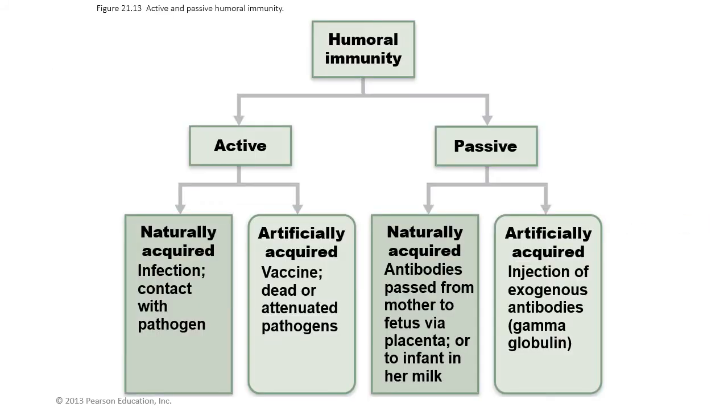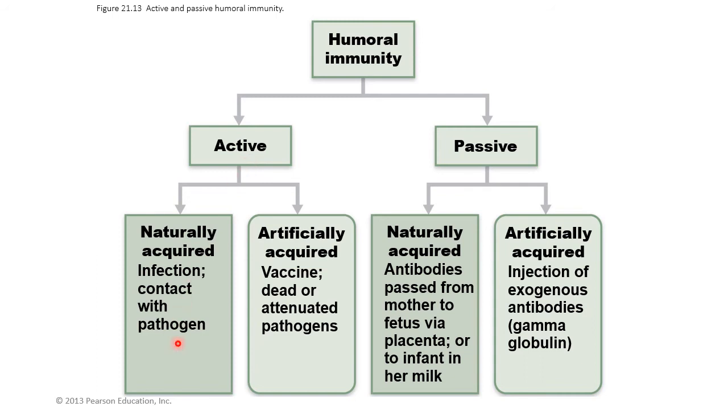When we talk about humoral immunity, those B lymphocytes produce antibodies, and there are a couple of ways this can occur. Active immunity means that you have memory, so the next time that infection is introduced into the body, there are memory cells that can knock it out before it sets up shop again.